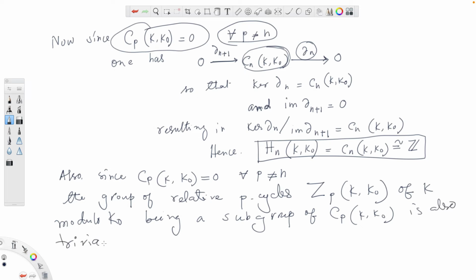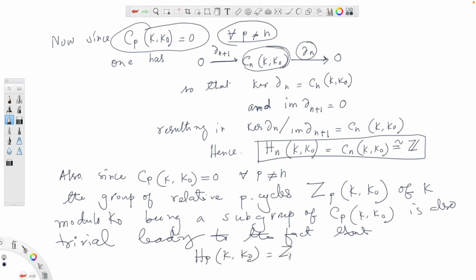Leading to the fact that Hp of K comma K0 is equal to Zp of K comma K0 modded out by Bp of K comma K0, which is equal to 0 for all p not equal to n. Okay, the relative homology group vanishes.